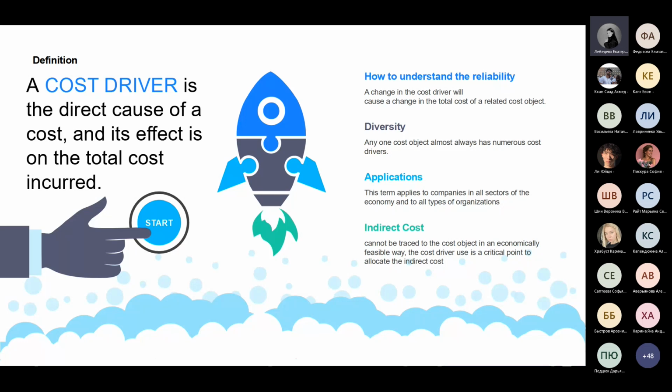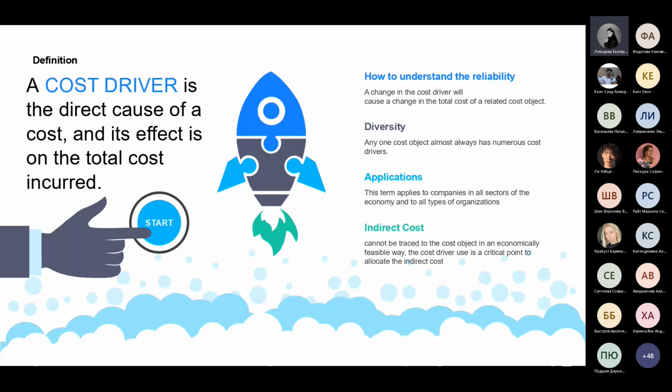Cost drivers should be diverse, so any one cost object almost always has numerous cost drivers, and we cannot stop on only one. In our cases, we have to look for simplified models, but in reality, cost drivers are always multiple items.